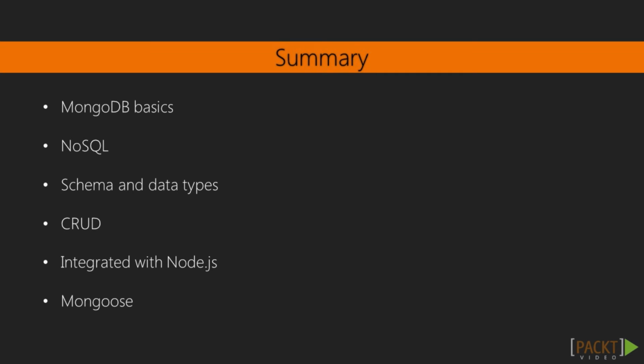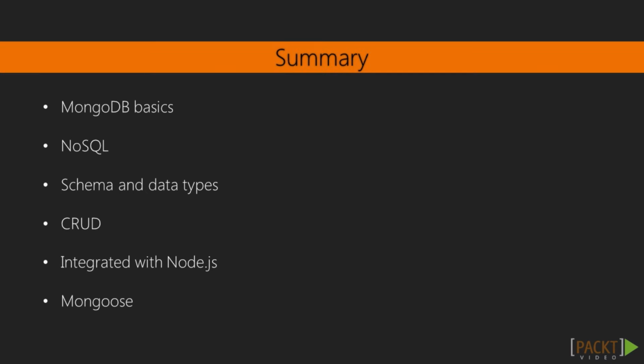In this section, we learned what is MongoDB, why use it, and how to install it. We learned what is NoSQL and the various types of databases it provides. We learned how a schema looks in MongoDB, the available data types we can use, and how to normalize or denormalize our data.